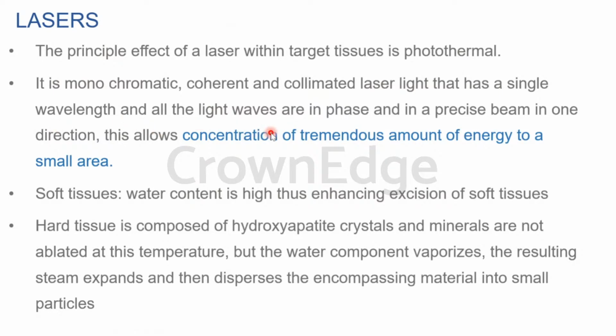They are not in different phases, they are in a single phase, and this precise beam is then delivered or focused on one area in one direction, which causes concentration of a huge amount of energy to a very small precision area, which is why lasers are probably known as the magic wand of dentistry, because they are the true ultra conservative tool to have in your practice.